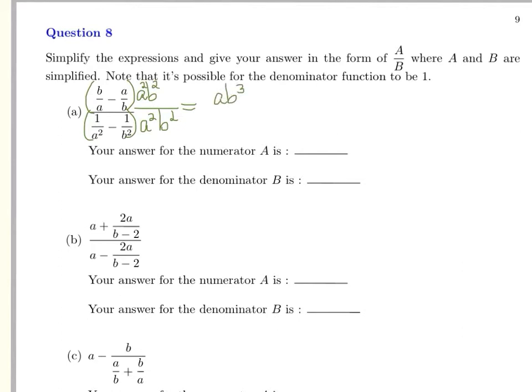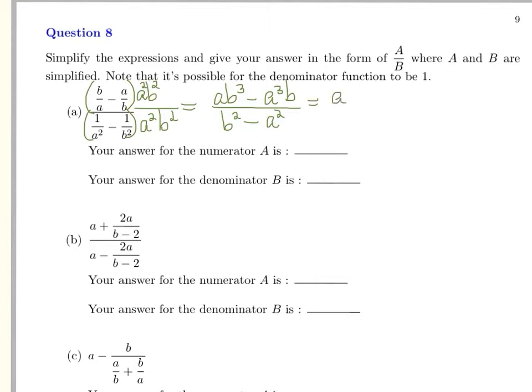And in the second one, 1b cancels, so I have a cubed b. And then in the denominator, on the first one, the a squares cancel, and I just have a b squared. And then for the second thing, the b squares cancel, and I just have an a squared.